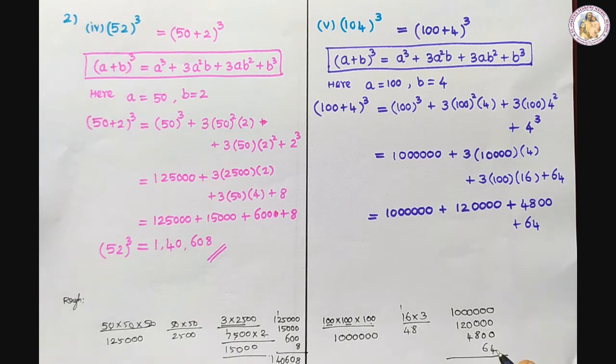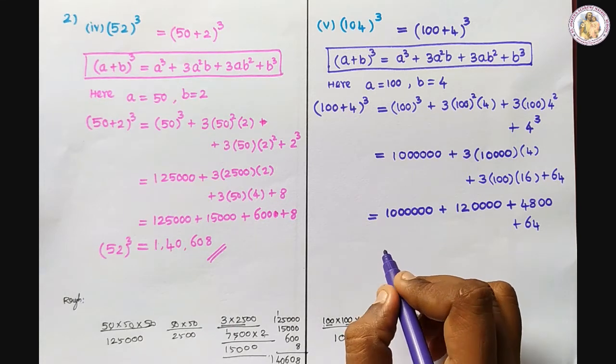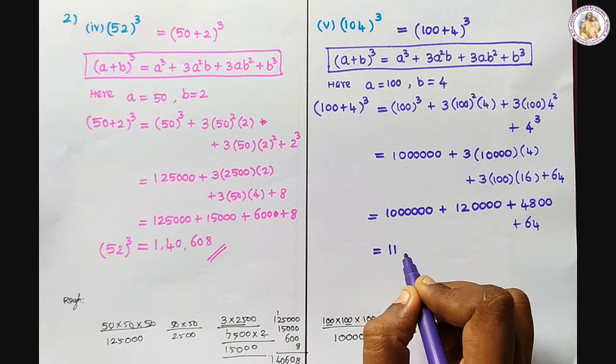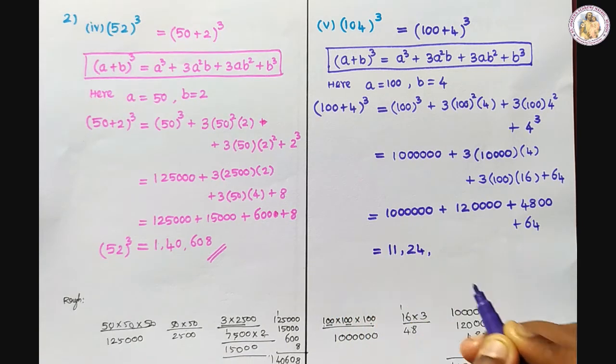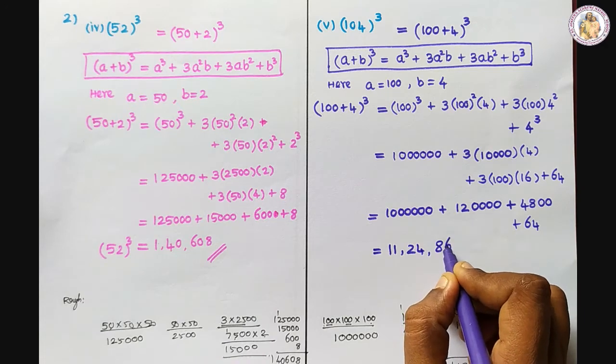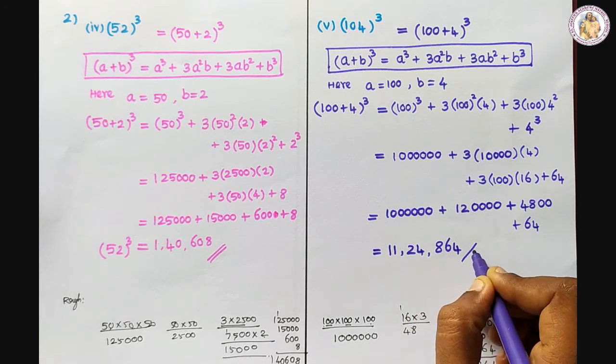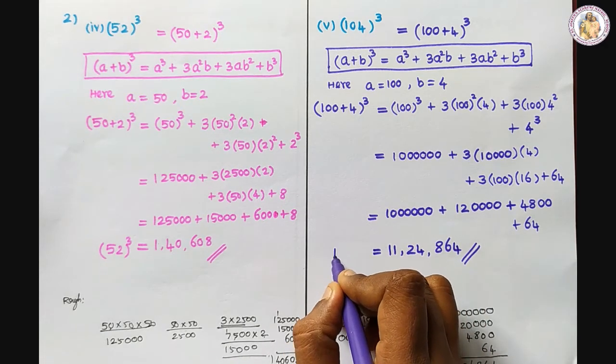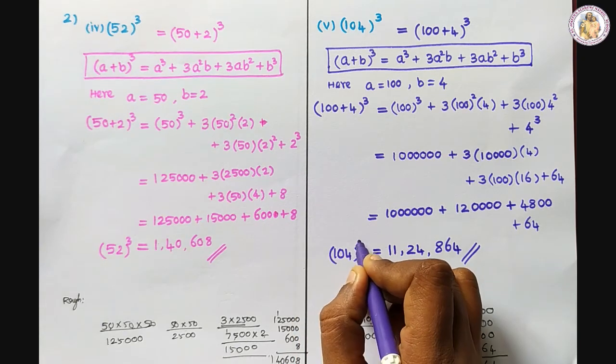Now add these values. So 11 lakhs 24,864. That is the value of 104 cube.